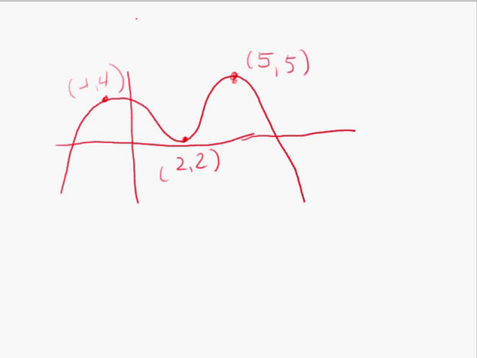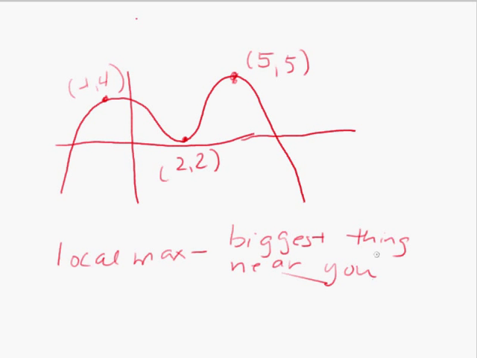Local ones, in order to be a local maximum or minimum, to be a local maximum, you just have to be the biggest thing near you. In other words, let's start with the maximum case, because the minimum case follows pretty easily from it.